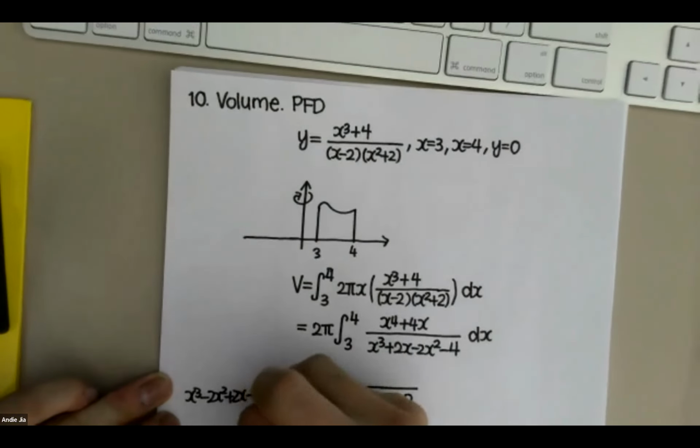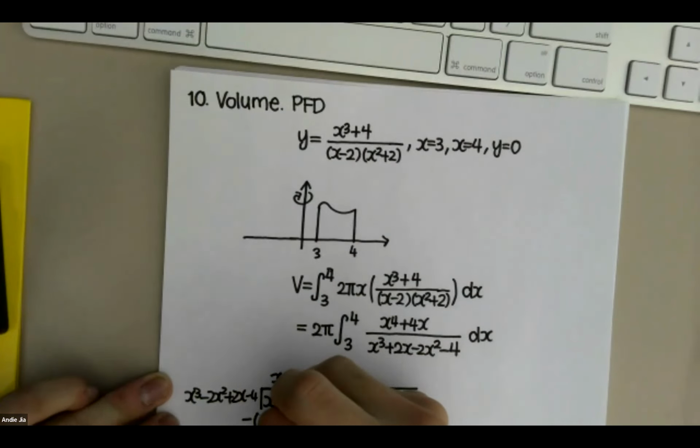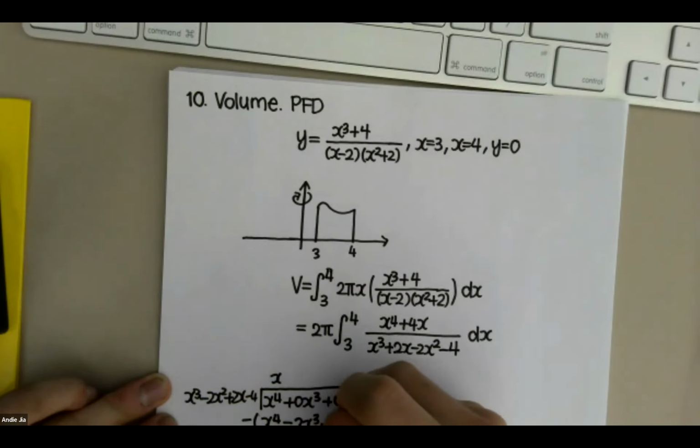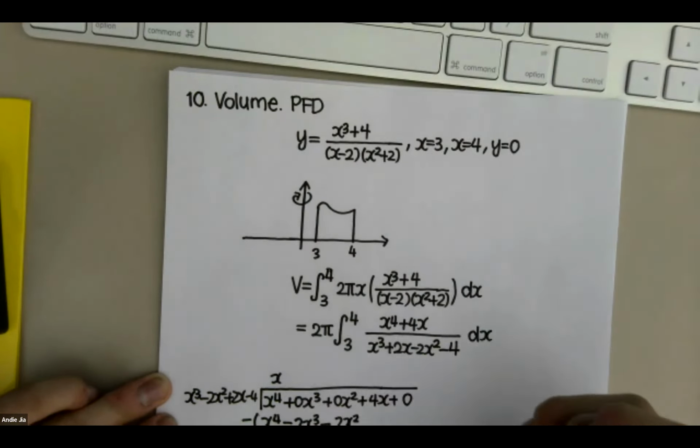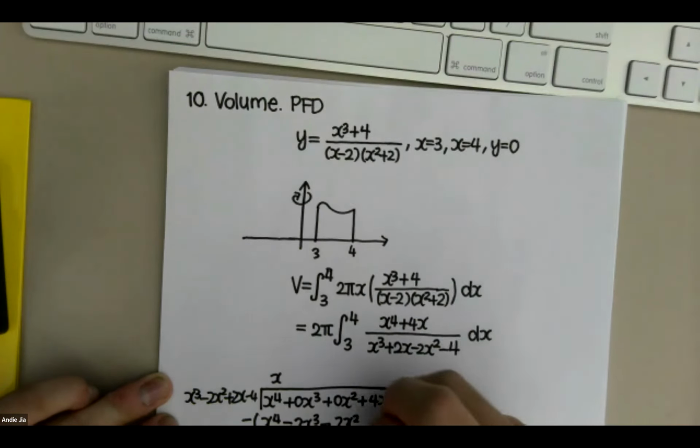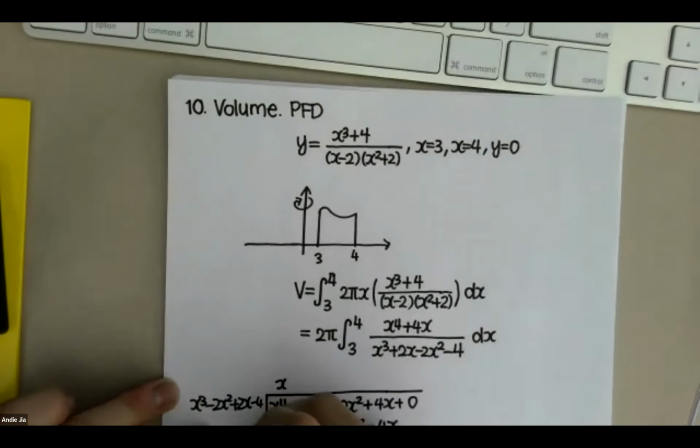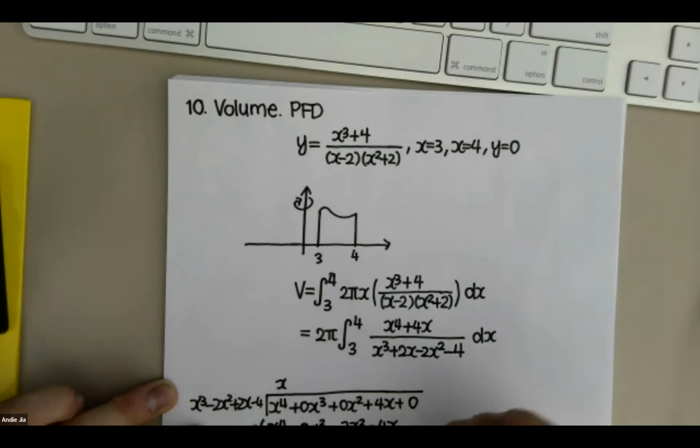Multiplying everything by x, we get x to the 4th, then minus 2x cubed, then minus 2x squared, minus 4x. Then what's left is 0 plus 2x cubed plus 2x squared, and the minus 4x.